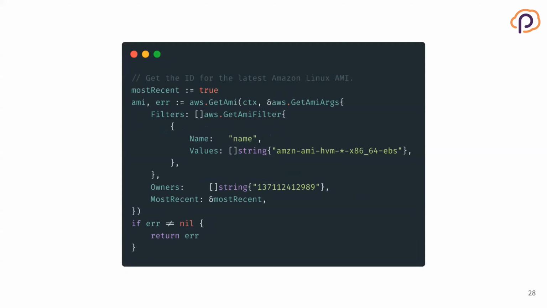From there, we're going to look up the AMI. We have a utility to do this where we can use this pattern expression here, hvm-*, to look up the most recent Amazon Linux AMI.